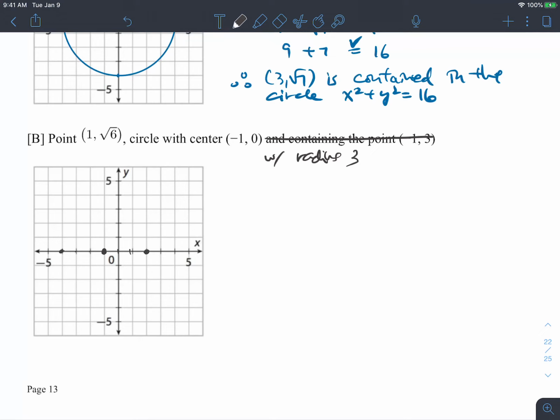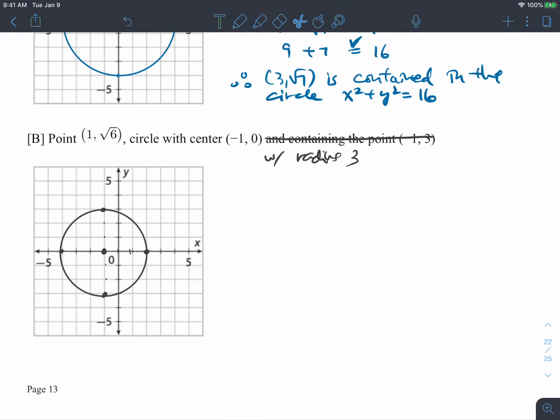So it should look like this. Uh-oh. That was pretty bad. There you go. And let me move that just a little bit so that it matches. All right, that's the best I could do right now.